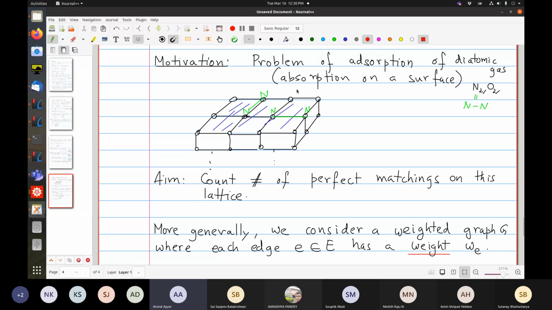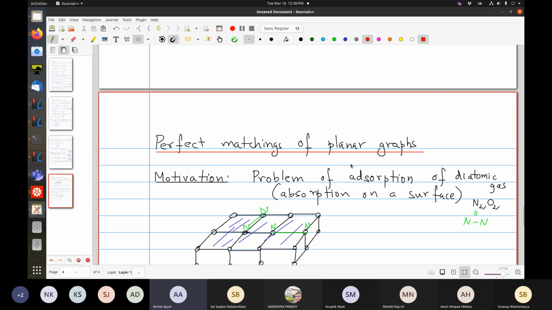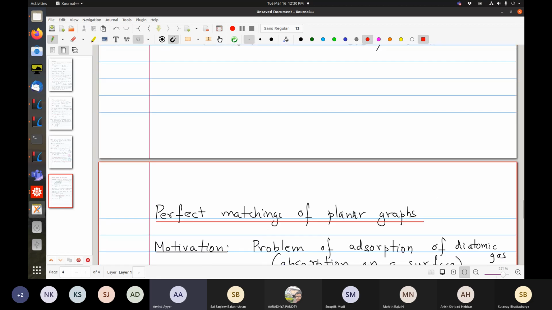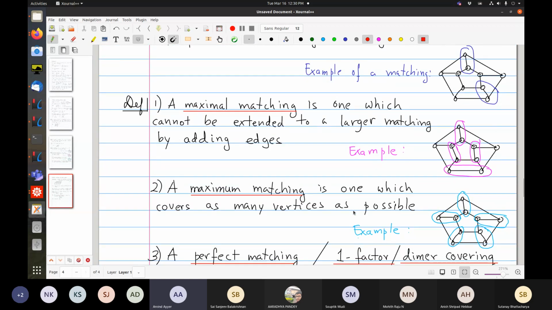So any configuration here, any matching whatsoever, including the empty matching, can be thought of as an arrangement of monoatomic and diatomic gas. Anything that is not part of the matching is occupied by a monoatomic gas molecule. So this is called the monomer dimer model. By the way, this is why this is called the dimer model.